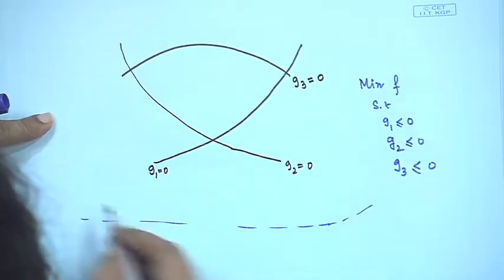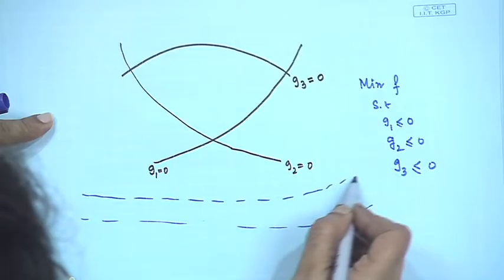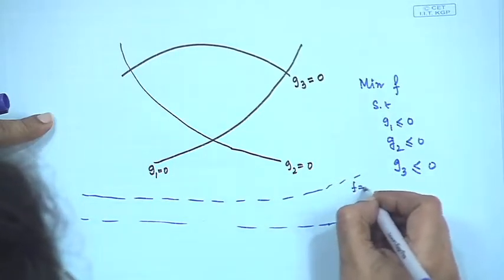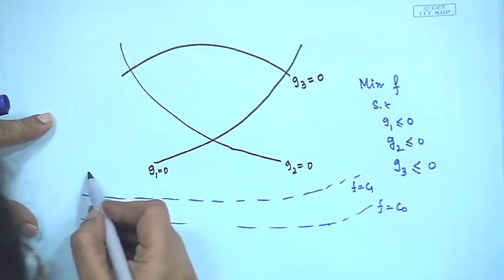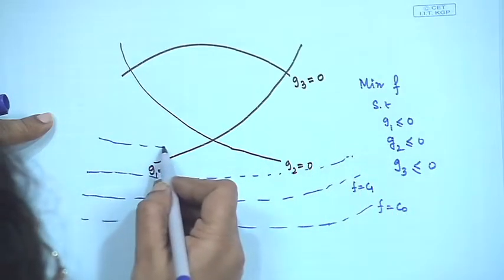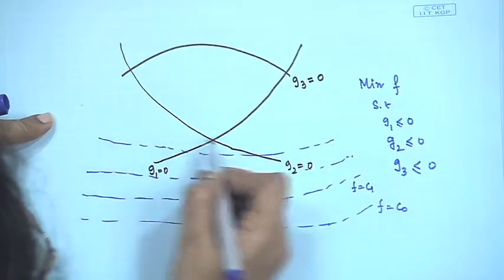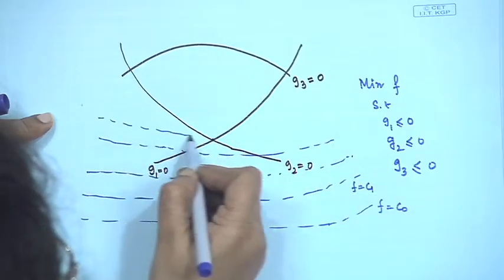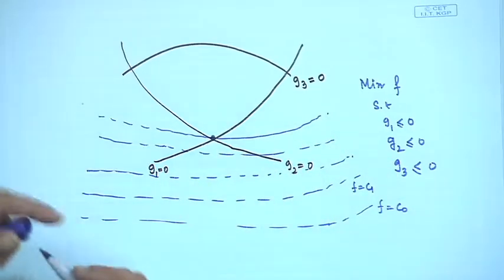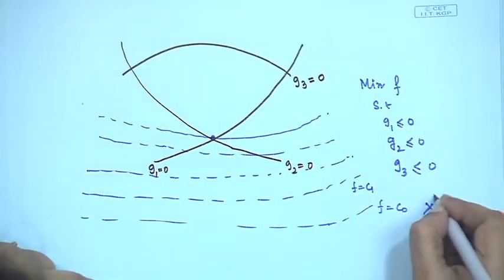If this is the level curve of the objective function f, that means objective functional value is increasing in this direction, and at this stage once objective function is coming here, we are getting the optimal solution x star.